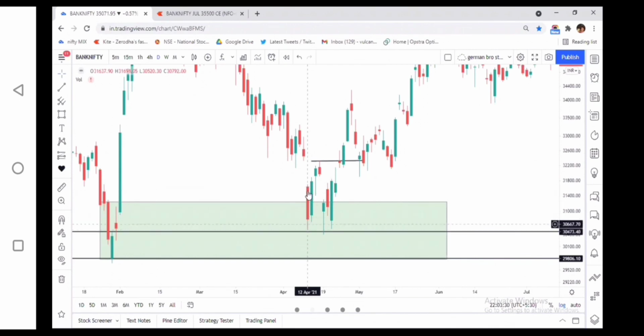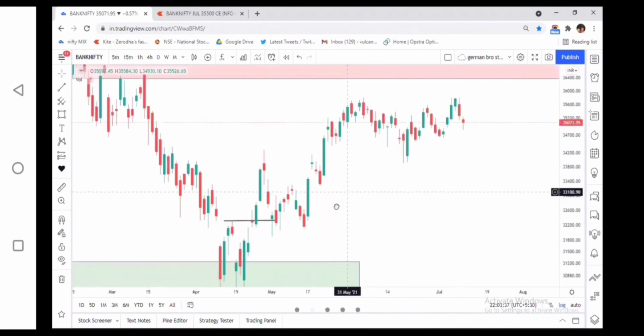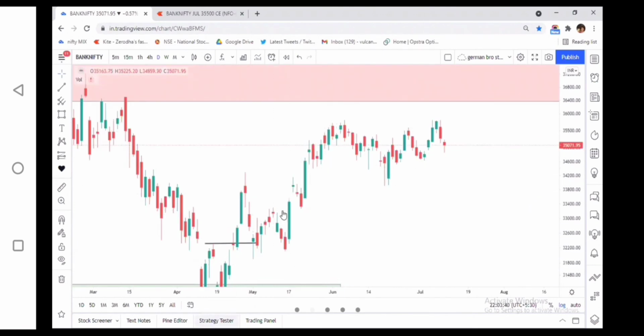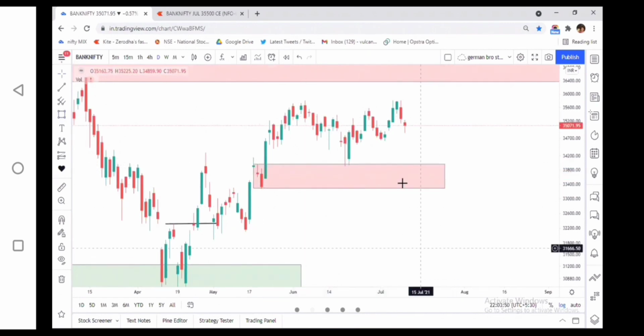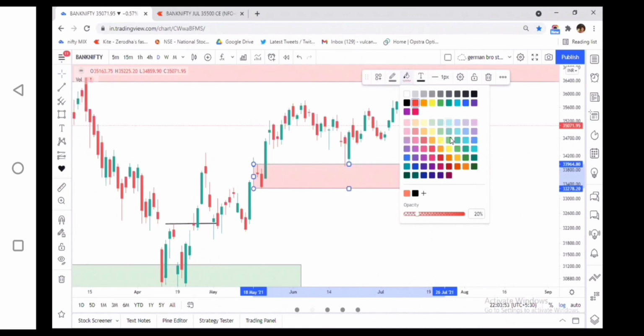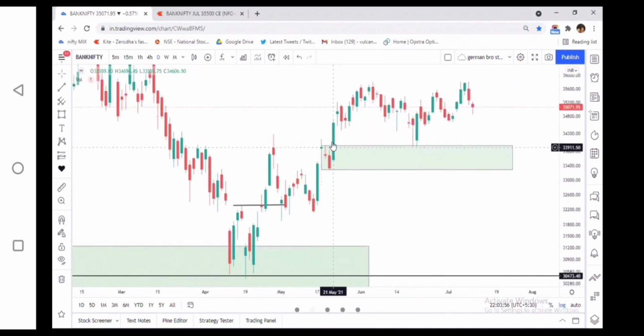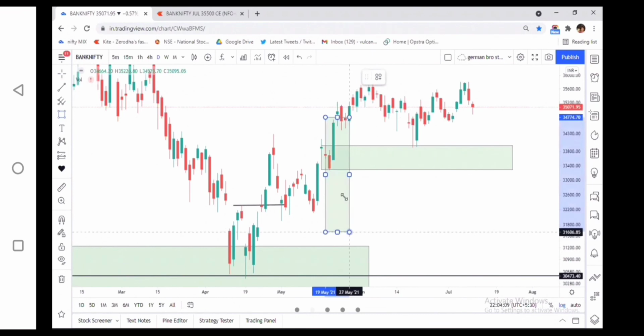See, that red candle is what I am telling, that central banks provide liquidity through those red candles. It means the central bank is selling and higher institutions are buying. See, this is my order block and how price came back to this order block after leaving it, and how it respects my order block.